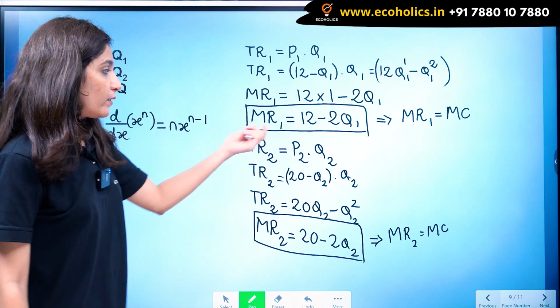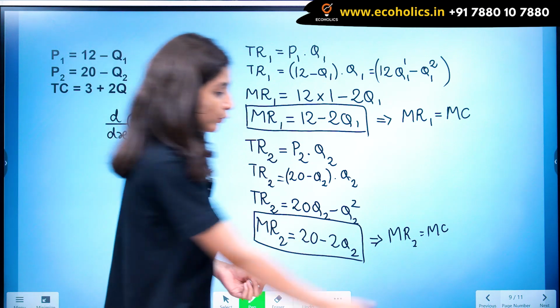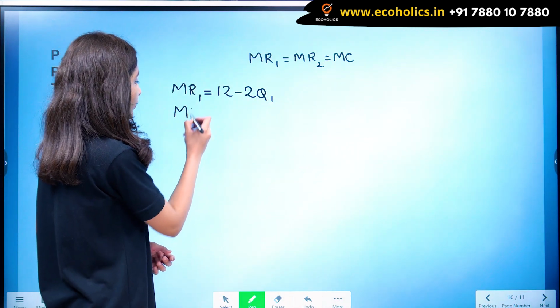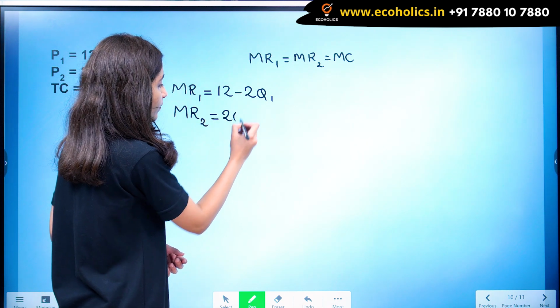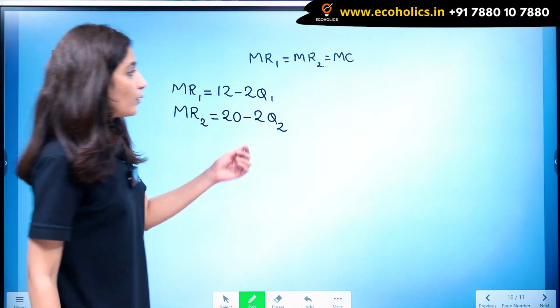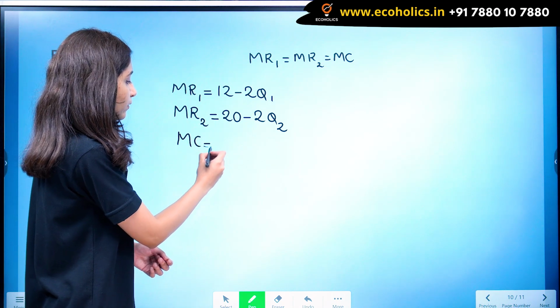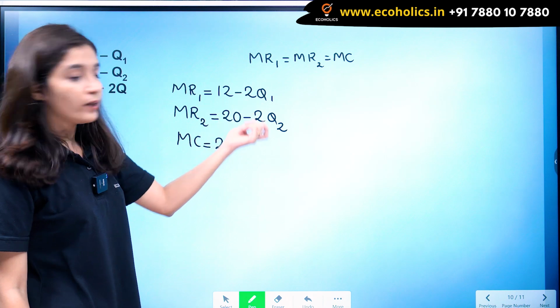So MR1 is 12 minus 2Q1 and MR2 is 20 minus 2Q2, and we have our marginal cost as 2. So in this way we can find our Q1 and Q2.